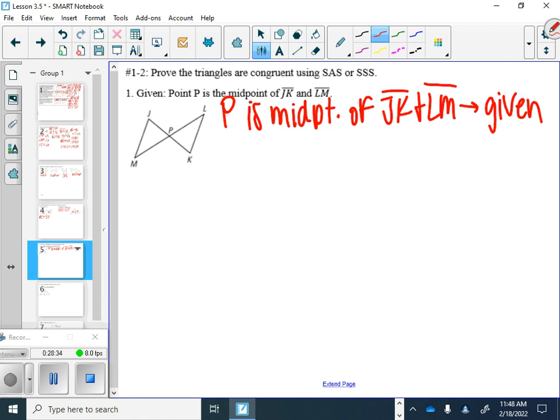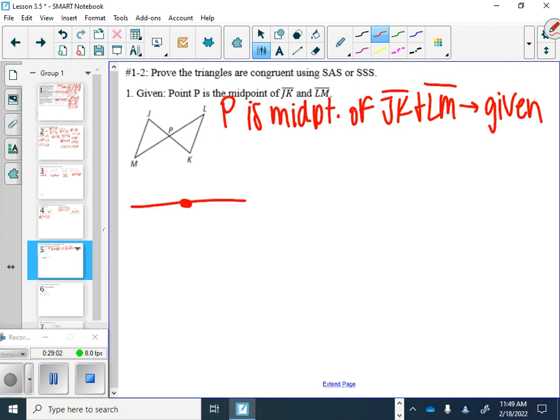So this is saying, let's break it down step by step. Point P is the midpoint of JK. How's that going to help me? Point P is the midpoint of JK. What does a midpoint do? What's it doing to the two parts? It's separating them.